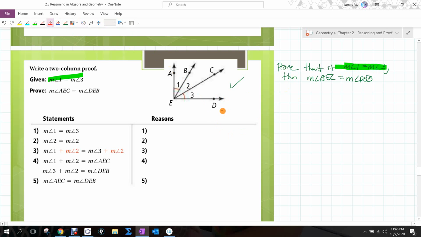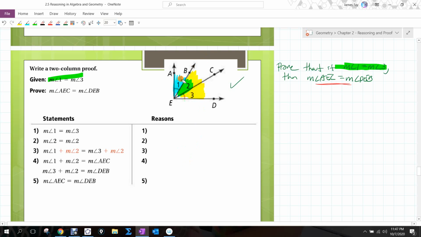That's what we're given, and we want to prove the conclusion. So the argument is, if you know this picture and you're given that angle 1 and angle 3 are the same, can you come up with the argument that angle AEC is the same as this yellow angle DEB?